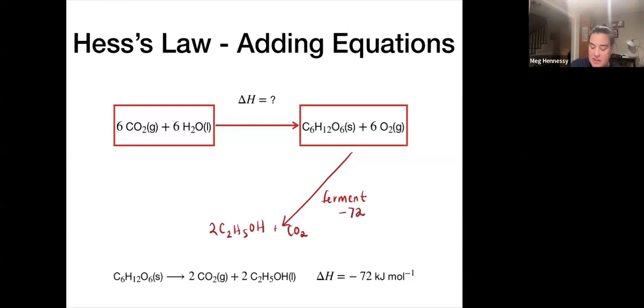And I was given some information in the second equation about how to combust that ethanol. But when we combust something, we only combust a mole of it. So I multiplied that reaction by 2. I have 2 moles of ethanol, 2 moles of ethanol.